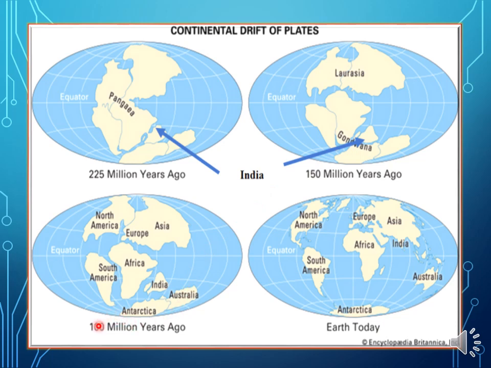Later, 100 million years ago, again the plates started drifting away. At that time, the Indian peninsula moved towards the north. And finally, this is the picture of how the present continents look. So now India is joined to the Asian plate.